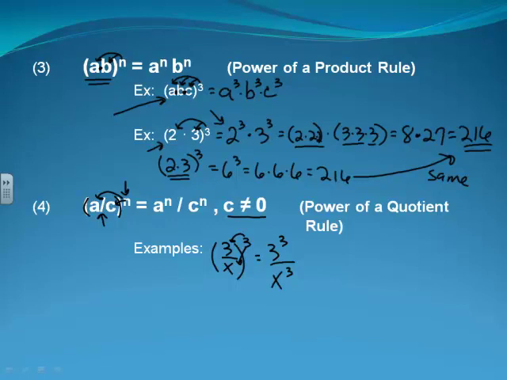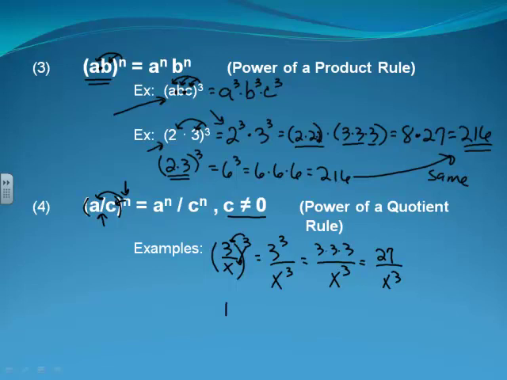Now there's a little bit you can do there. 3 cubed is 3 times 3 times 3. X cubed, you could write out as x times x times x, but that's not going to do a whole lot for you, so we'll just leave it as x cubed for this example. The constants, though, you do want to simplify. 3 times 3 is 9, and 9 times 3 is 27, over x cubed.